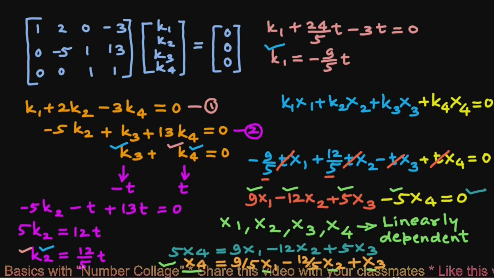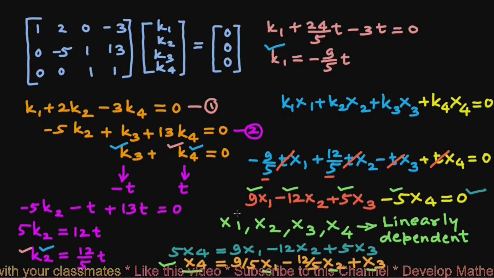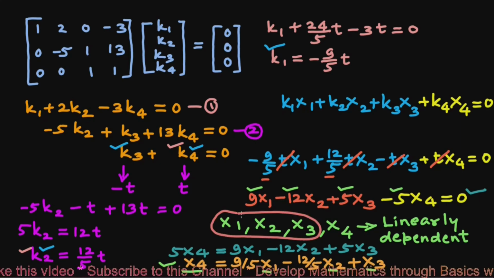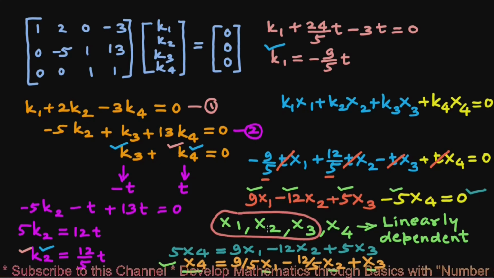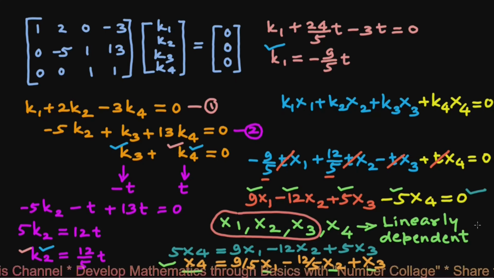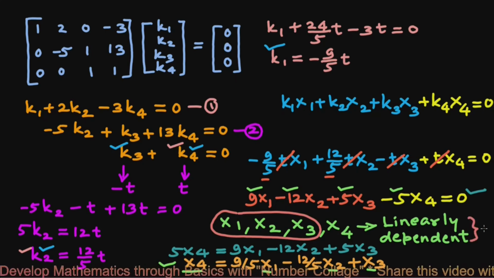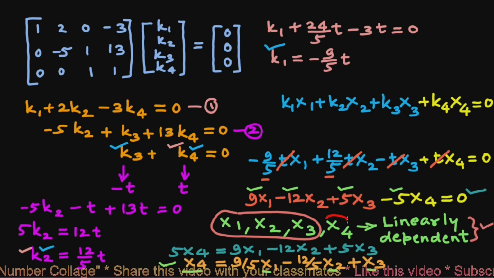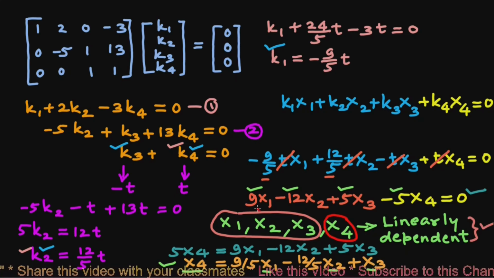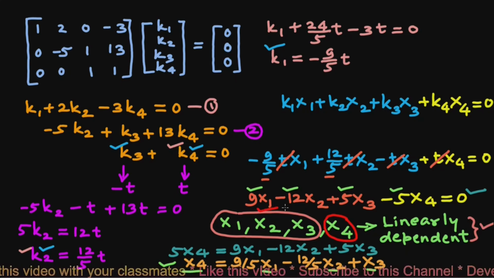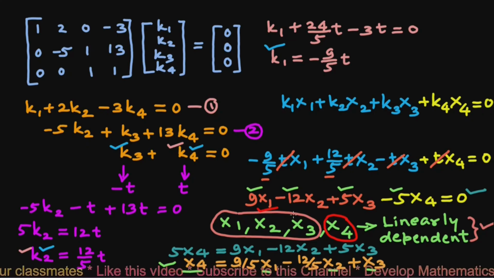And that's our final answer. Even though vectors x1, x2, x3 are linearly independent, x1, x2, x3 and x4 altogether are linearly dependent, and vector x4 depends on the three vectors x1, x2, x3 which are independent.